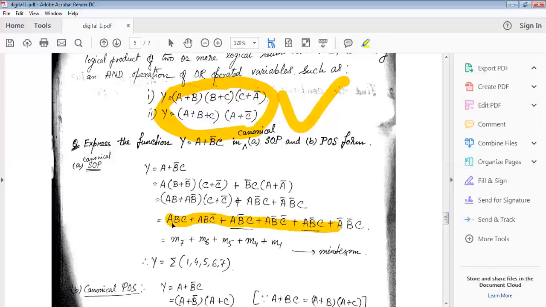Because there is no bar, so if I imagine a, b, c are equal to 1, 111 gives you 7 in decimal. 110, c is barred, so 110 gives 6 in decimal. 101 gives 5, 100 gives 4, and 101 again. So two terms are the same, a b bar c and a b bar c. It will be counted as one, not two. So I will have only one M5, not two.